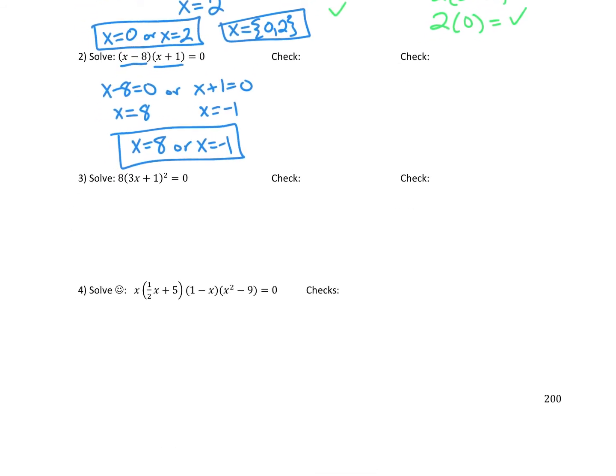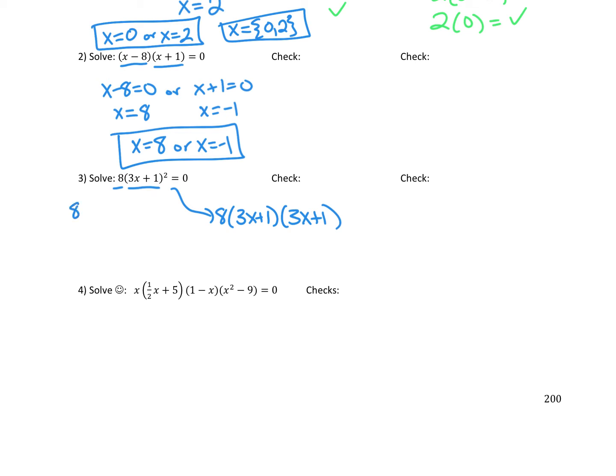In the next example, we have factors of 8, 3x plus 1, and 3x plus 1 again. I could certainly write this out as 8 times 3x plus 1 times 3x plus 1, but you'll notice that we're going to get the same answer if we set this factor or this factor equal to 0. So although this affects the shape of the graph, it will not affect our solution on the graph.